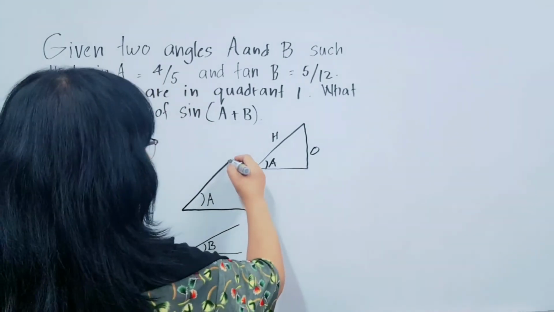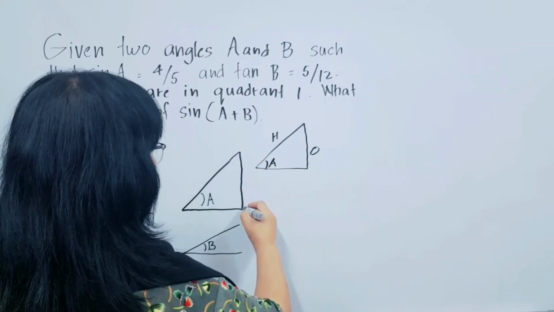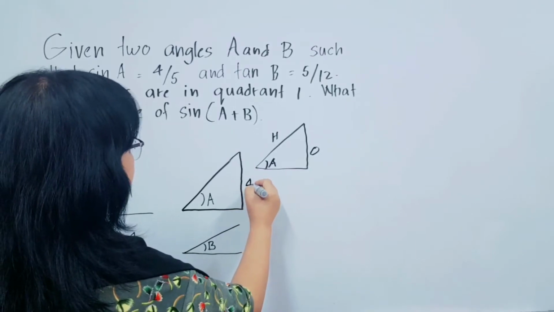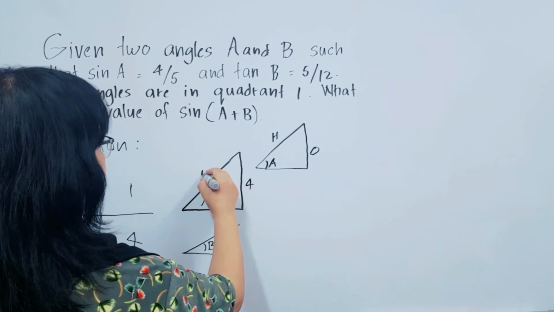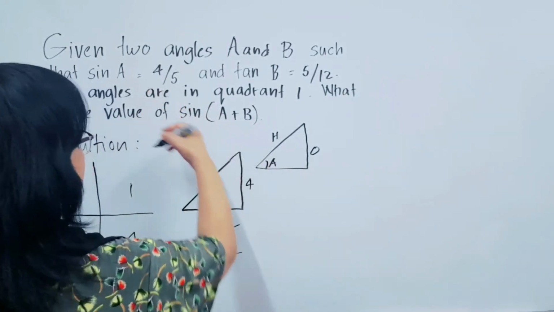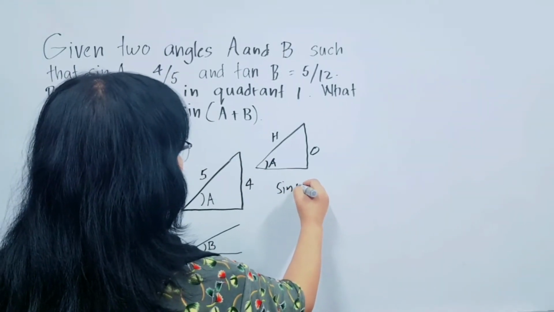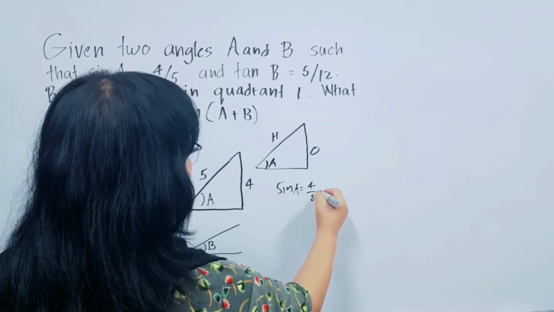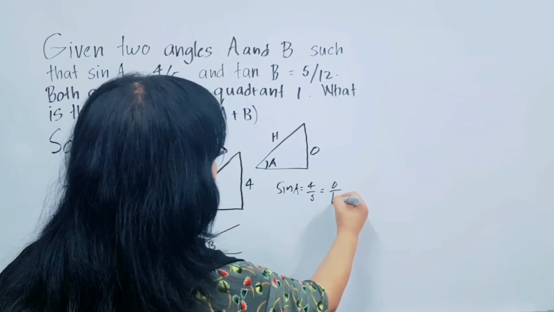That means, if we make it as a triangle, sine A is equal to 4, which is the opposite, over the hypotenuse. That means this is 5, because it is 4 over 5. It is like this. Sine A is equal to 4/5, which is equal to opposite over the hypotenuse.